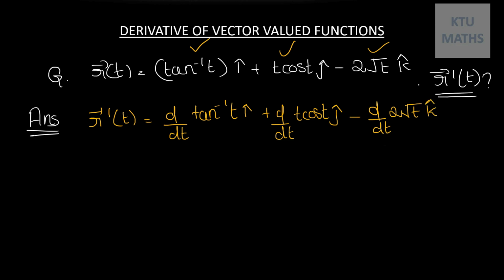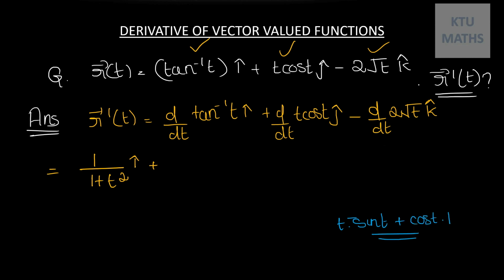We can solve the problem. The derivative of tan inverse t will be 1 by 1 plus t square i cap plus the derivative of t cos t will be, I will do it here. We would have to do the multiplication rule. First into the derivative of second plus second into the derivative of first.